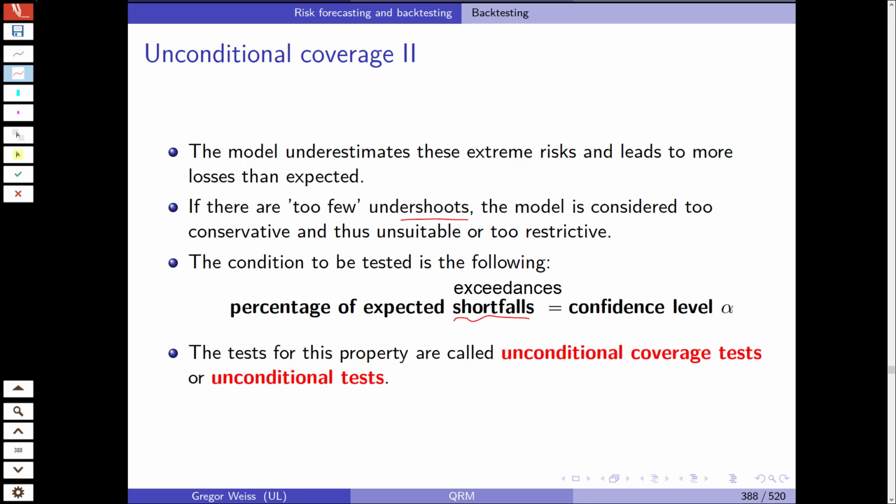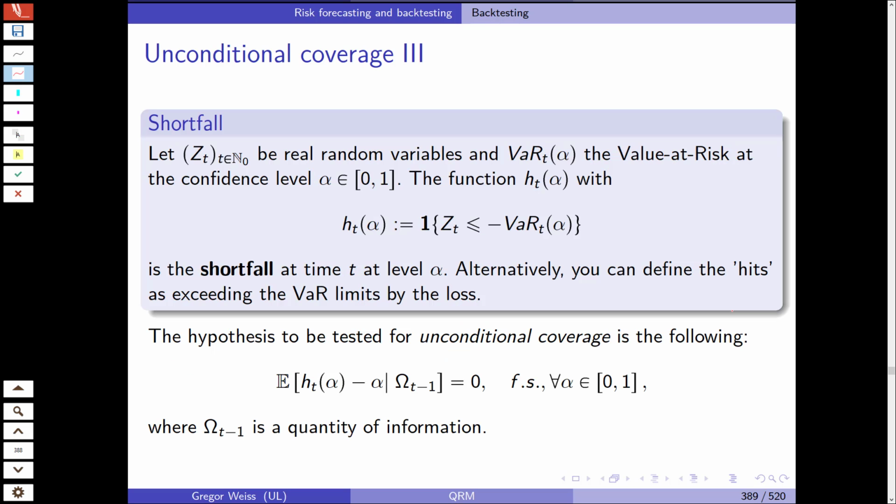And tests for this property are usually called unconditional tests or unconditional coverage tests. Why? Because you're simply interested in the number of exceedances regardless of whether they occur once, or in two clusters, if they are random over time, and that's why they are called unconditional tests.